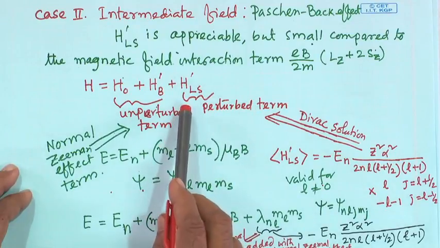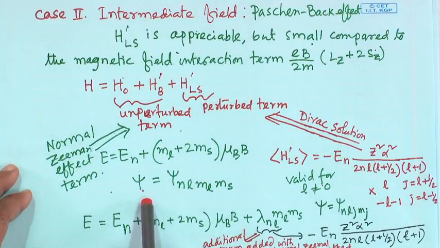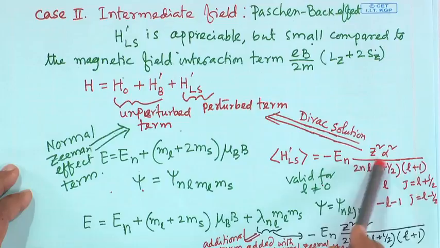In this case the wave function is psi n l m l m s. So, this is the energy for the unperturbed term, plus this term, which we can take as lambda n l because it depends on n and l, multiplied by the m l m s term.